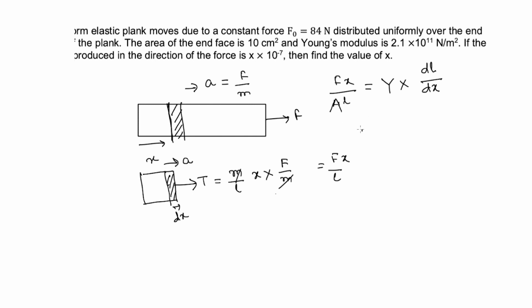So dl is equal to F by A Y into L into x dx. If I integrate it, I will find the total elongation from 0 to delta L. Total elongation is 0 to x, 0 to L. So that is equal to F by AY into L squared by 2, that is FL by 2AY. FL by 2AY is the total elongation.